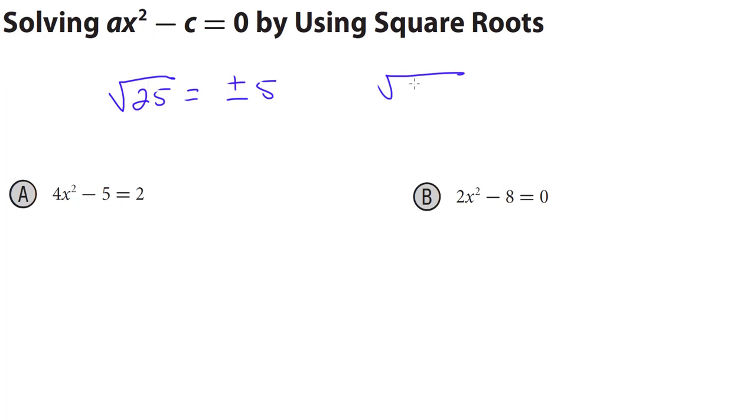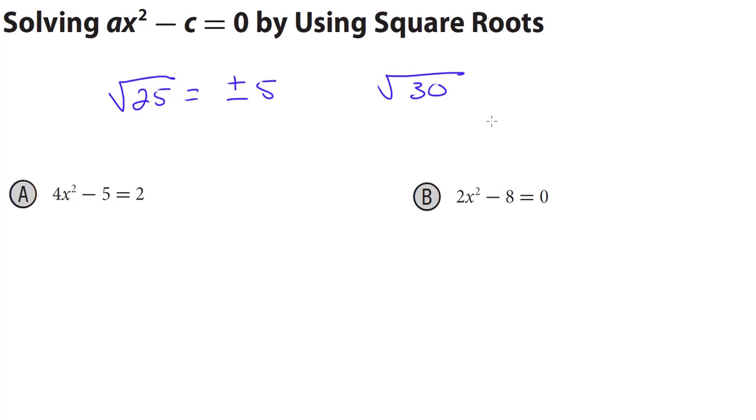Another thing to remember is that not all square roots are perfect whole number answers like this. So if you have the square root of a number like 30 that is not a perfect square, your square root of 30 is an irrational number, which remember is a decimal number that goes on forever without a repeating pattern. So in that case, what we'll do is we'll leave the answer in radical form, or if we convert this to a number, then we know that it's approximate because we need to round.